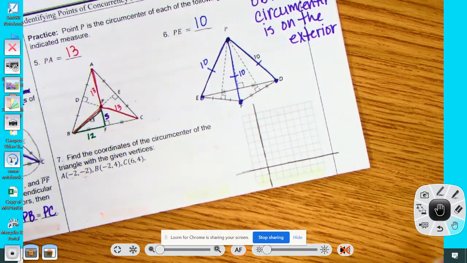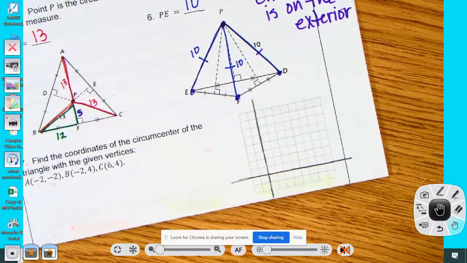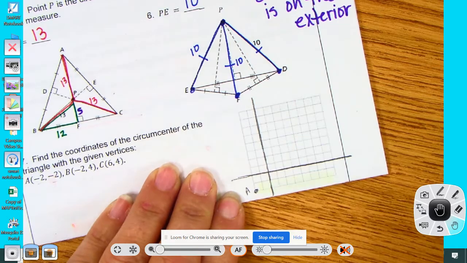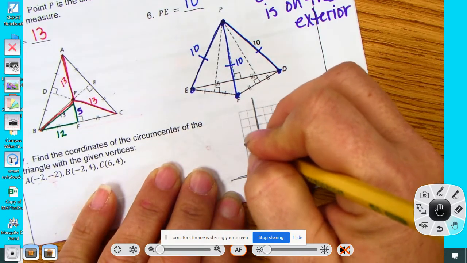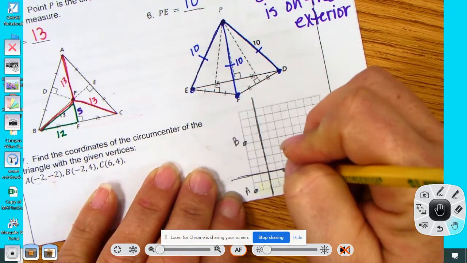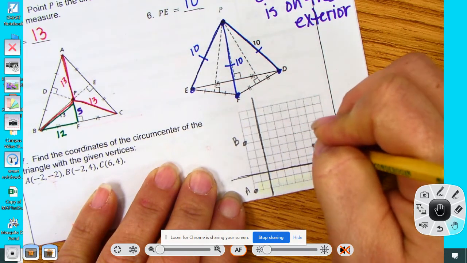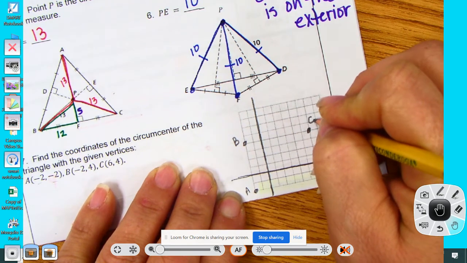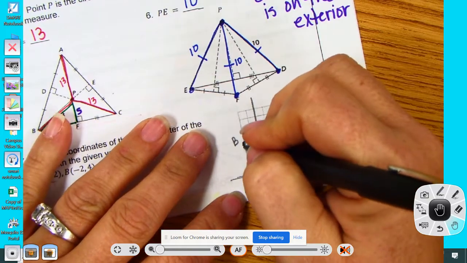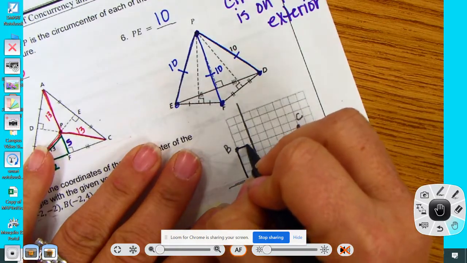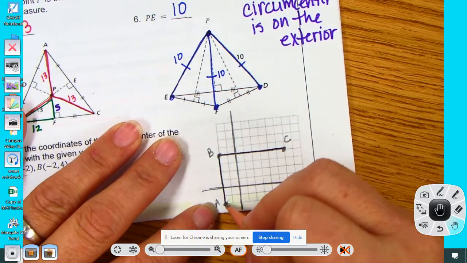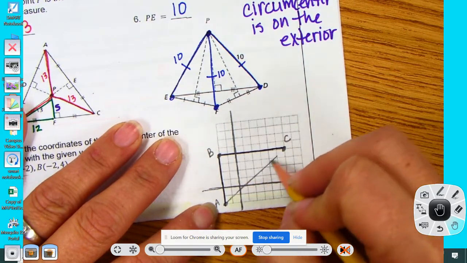So now when I plot these points, -2, -2 goes here. So that's point A. -2, 1, 2, 3, 4. And 1, 2, 3, 4, 5, 6, 1, 2, 3, 4 is point C. So now I have a right triangle.